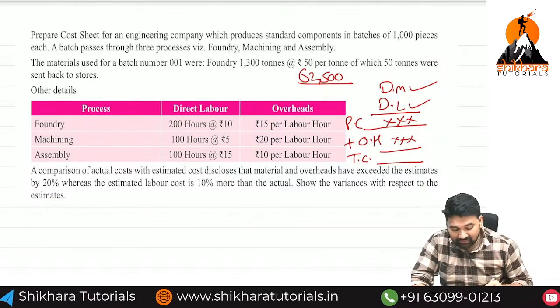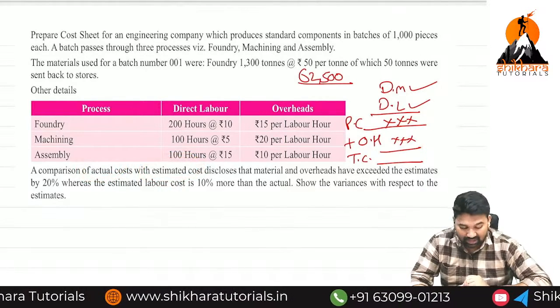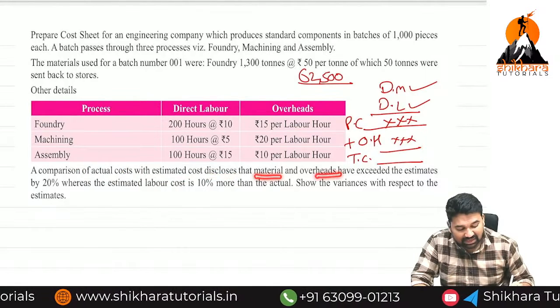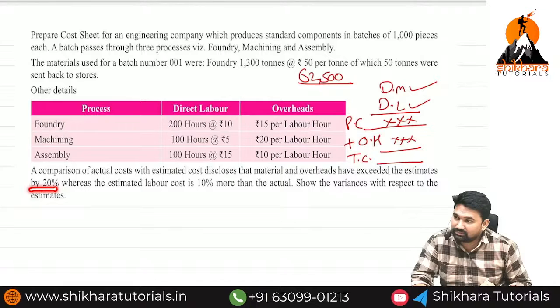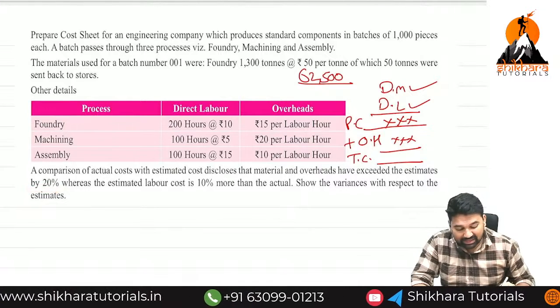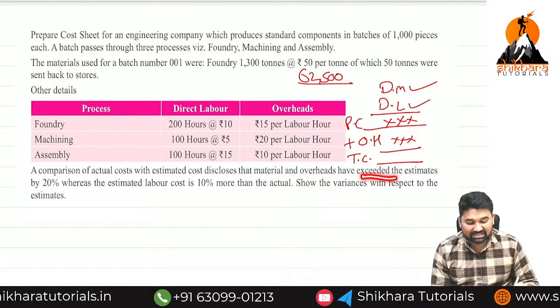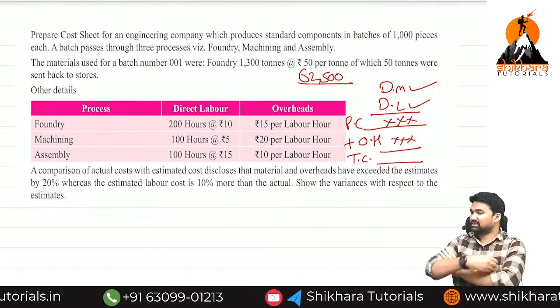So in the same way, they are comparing actual cost with estimated costs. And it is disclosing that materials and overheads have exceeded the estimates by 20%. Material cost and overhead expenses have exceeded the estimates by 20%.